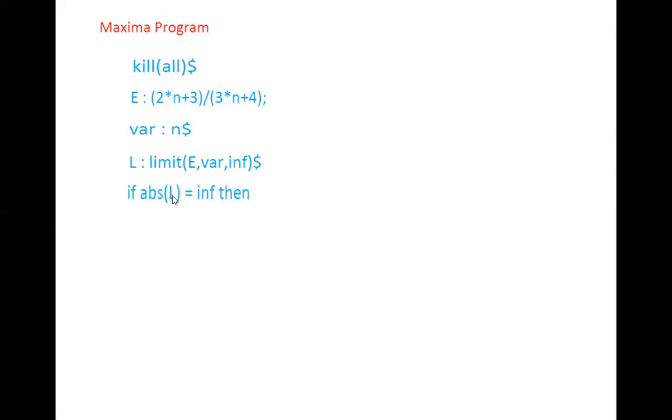Now to check, based on the limit value, whether the output is convergent, divergent, or oscillatory, I have to give a command accordingly. So let us write: if absolute value of L is equal to infinity, then the given sequence is divergent. Over here, absolute value of L means the modulus value, only the positive value it is taking, and equals we use for checking whether the two values are equal.